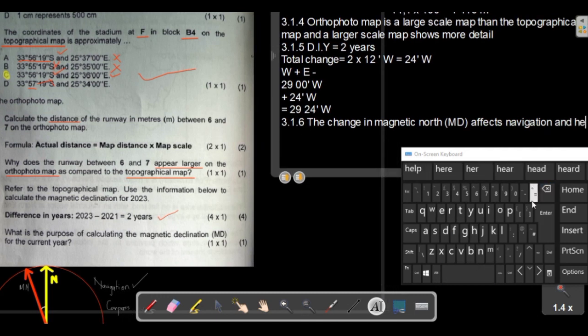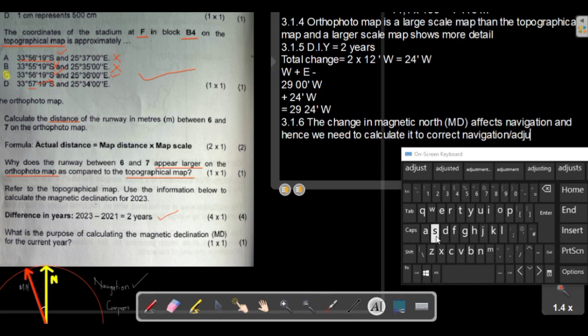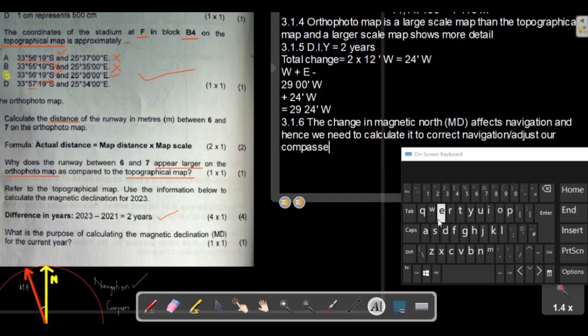And hence we need to calculate it to correct navigation, or adjust our compasses for the best or the correct navigation.